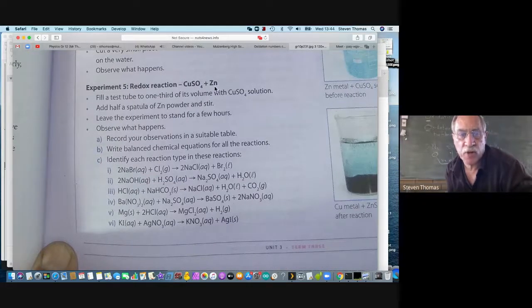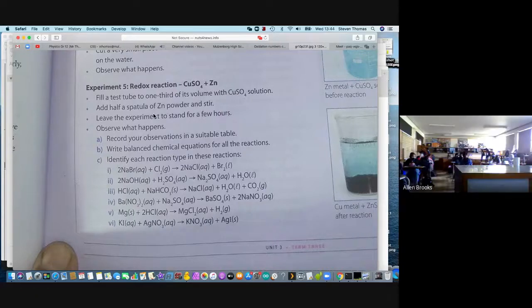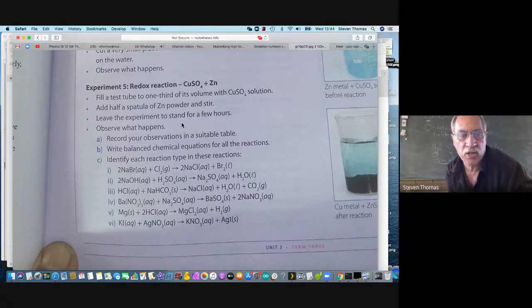Copper sulfate plus zinc. I want you to tell me what happens here with experiment 5 when you add copper sulfate and zinc together. So write the balanced reaction, see what's oxidized, what's reduced, and tell us what you see happening.